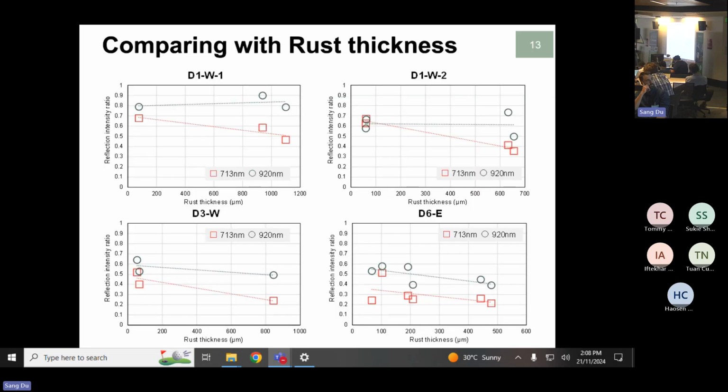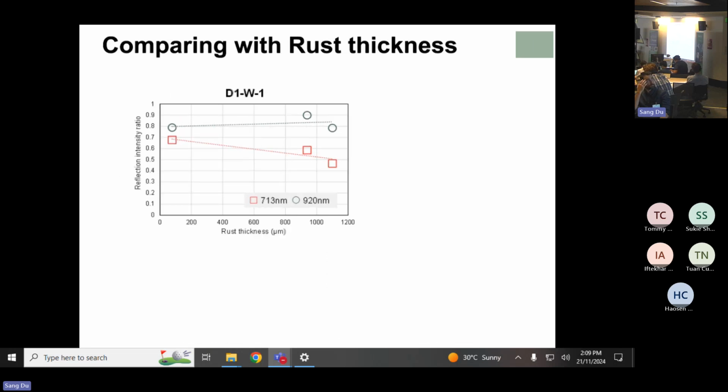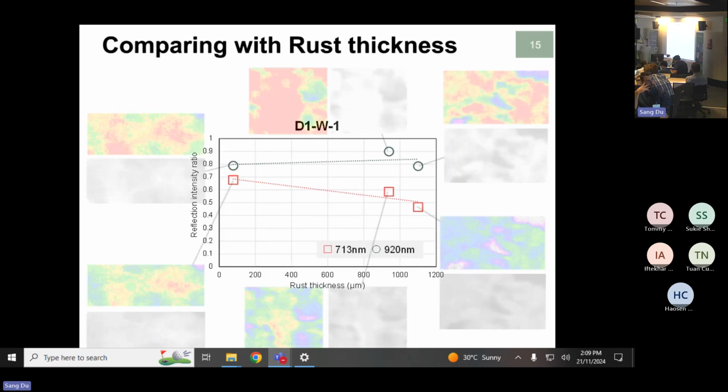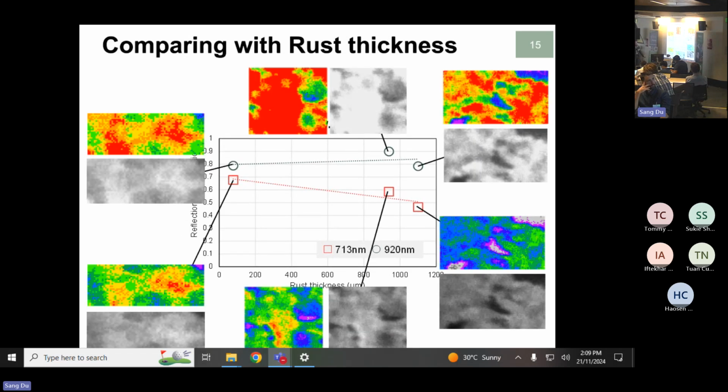But when we check each point, which means I said that I take pictures at 4 points, so I divided the result into 4 points. In that case, there is a small relationship between rust thickness and reflection intensity ratio. If the rust thickness is higher, its reflection intensity ratio is smaller. When we focus on the first one, it does have some differences.